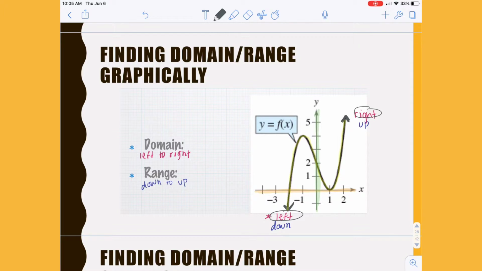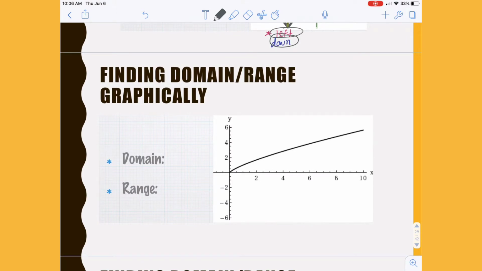Whenever I have those type of descriptions, that just means I'm headed from negative infinity to positive infinity. And keep in mind, you are using interval notation. Now I'm going to look at my blue descriptions, which are down and up, and that is negative infinity to positive infinity. So that means all the values are included within this function.